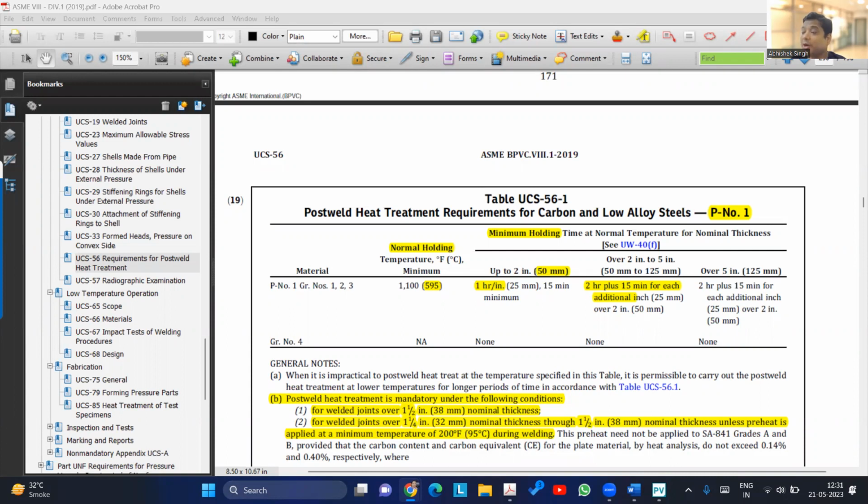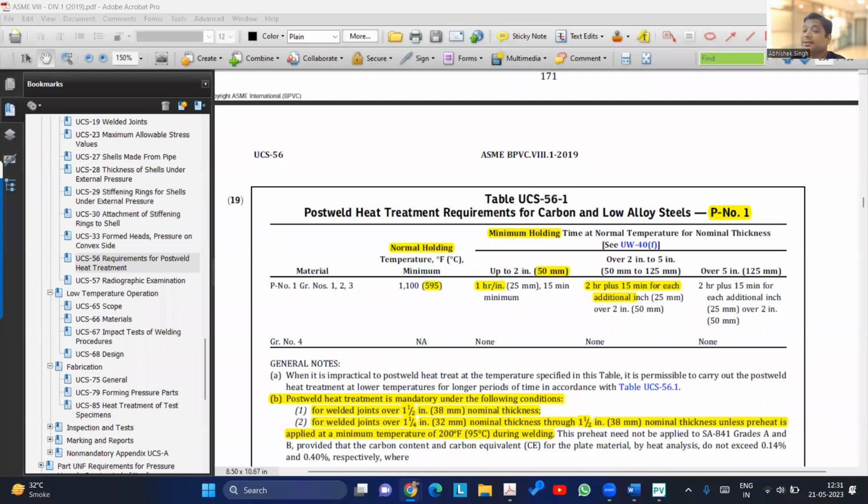So whenever you are providing high thicknesses, your MAWP will increase drastically compared to design pressure.